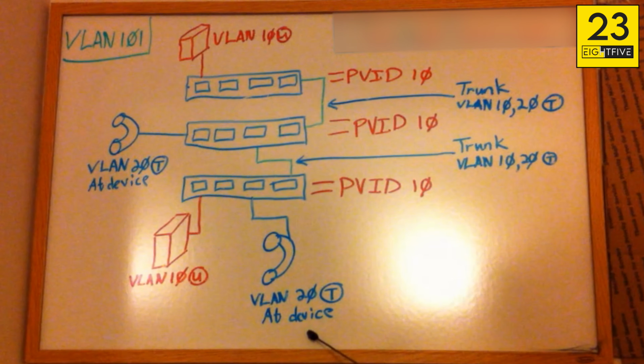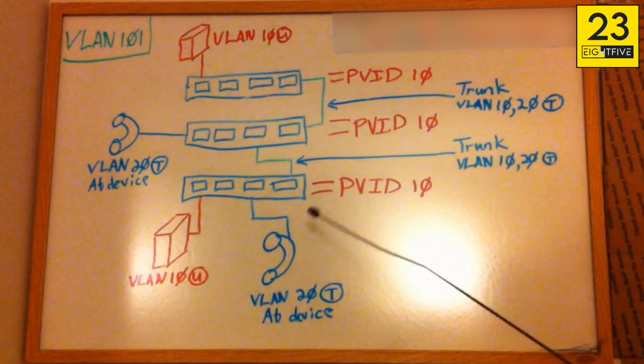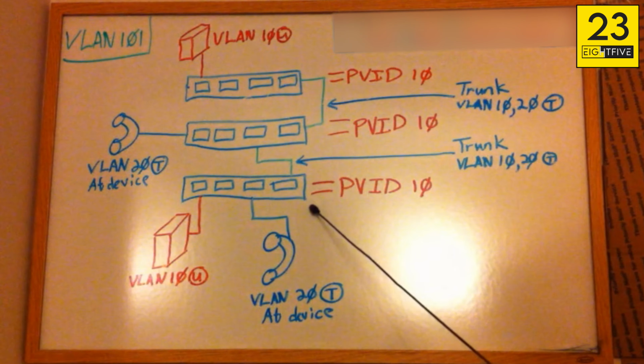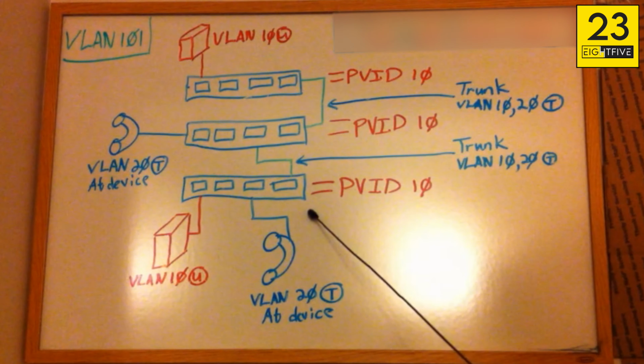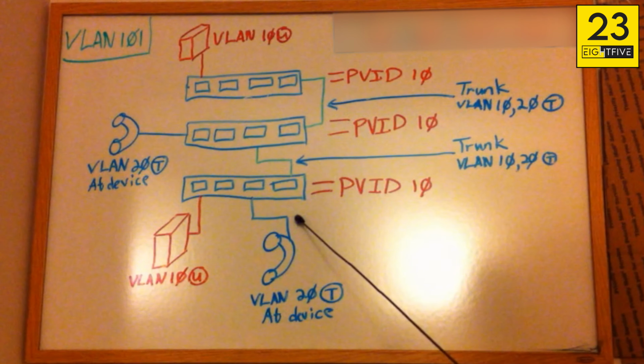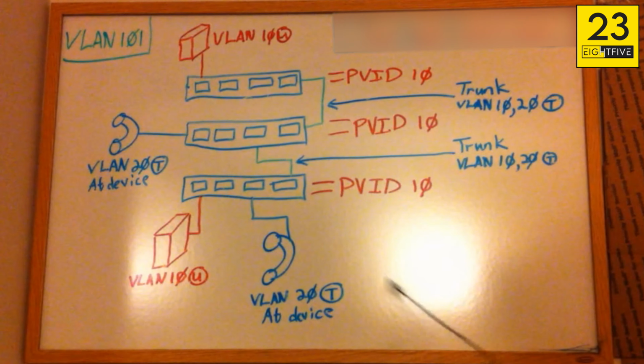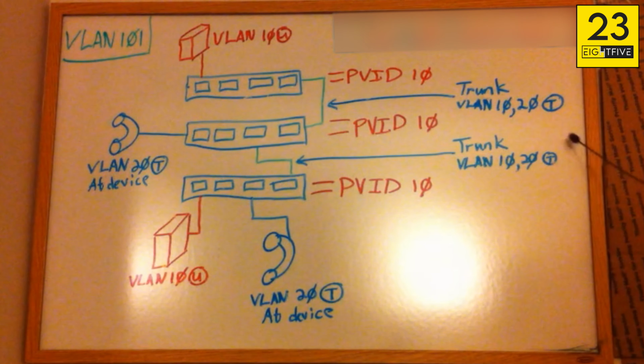I would probably say 90% of all VoIP equipment will have some kind of VLAN awareness and quality of service awareness. Any layer 2 switch should have some sort of VLANing or quality of service, and you should be able to do some kind of trunking with that equipment as well.